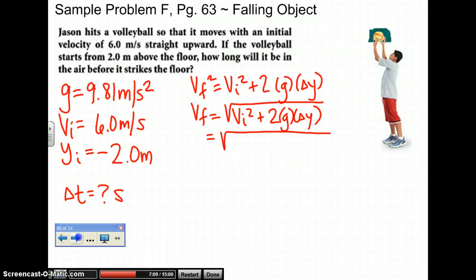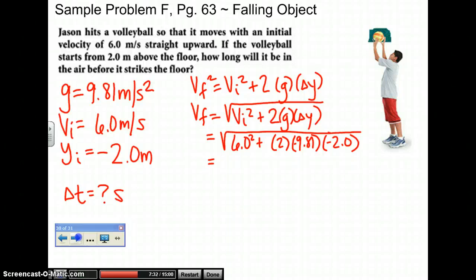Plugging in, this gives us 6.0 squared plus 2 times 9.81 times a negative 2.0. Questions? You should be pulling one out here. Since we are moving down, your free fall acceleration is a negative 9.81 as well. All right, plug that whole mess into your calculator.